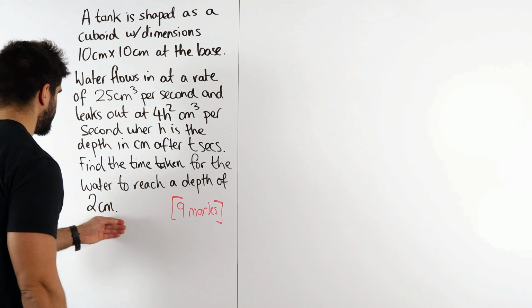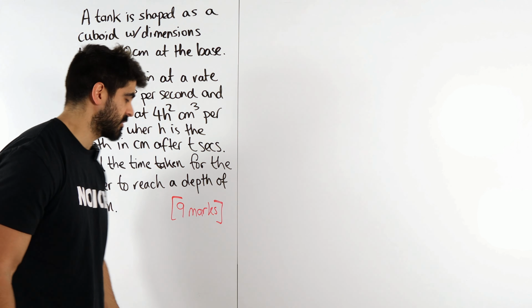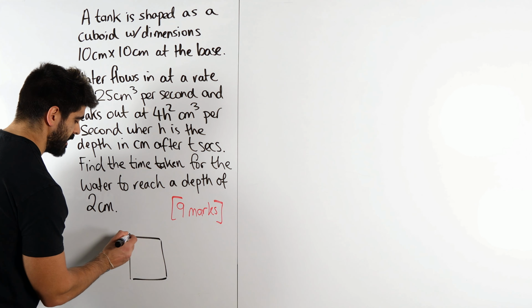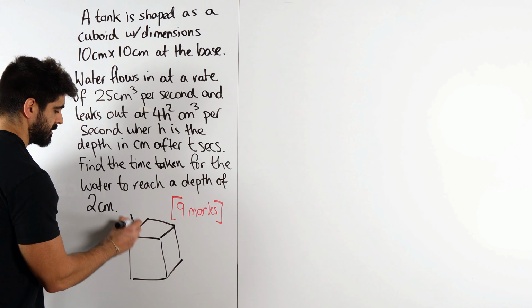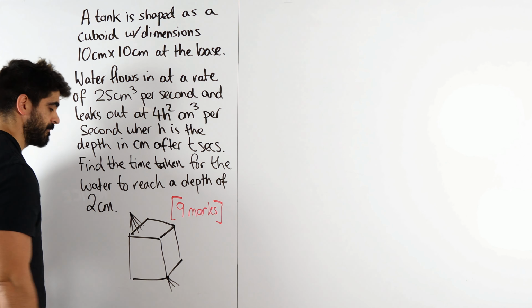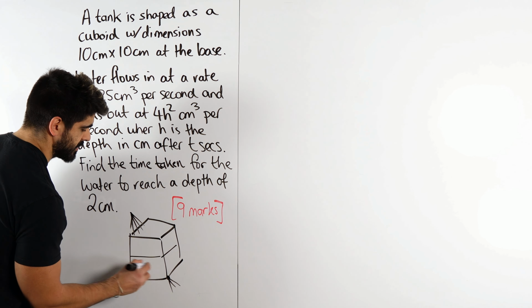Alright, so when you see a lot of text in a question, most likely you're going to want to draw a picture first, right? So just to see what we're talking about here, we're talking about a cuboid, and we have water coming in, and we have a leak somewhere. And we have water somewhere inside.